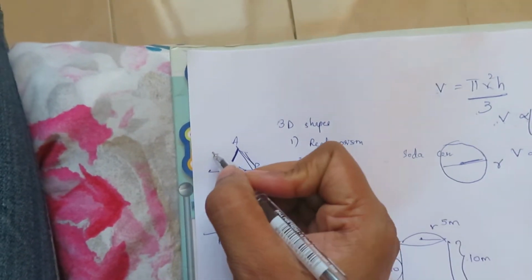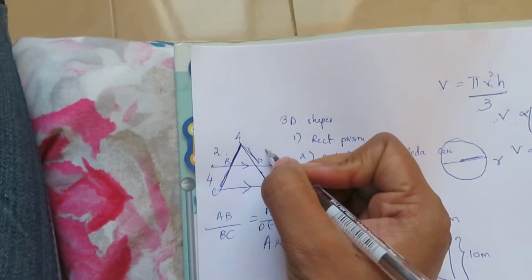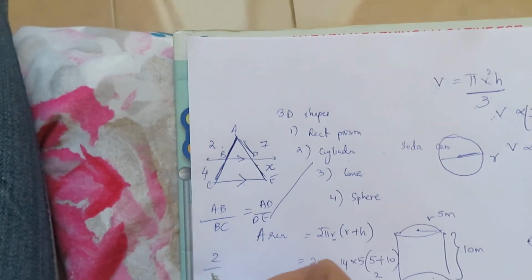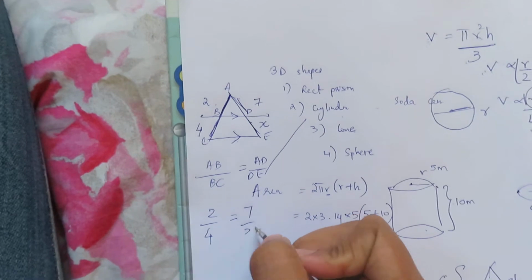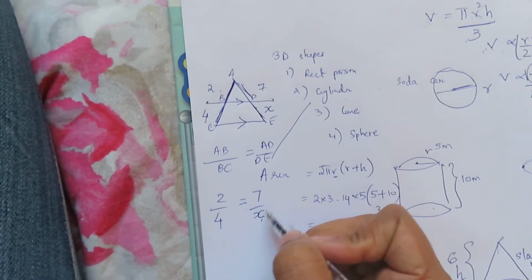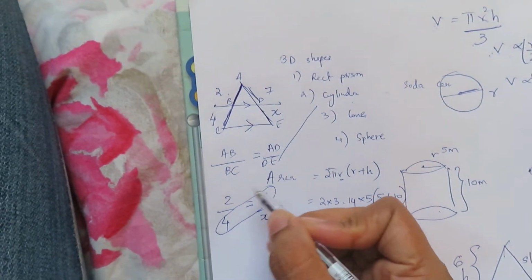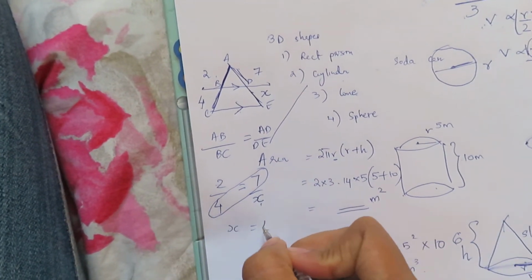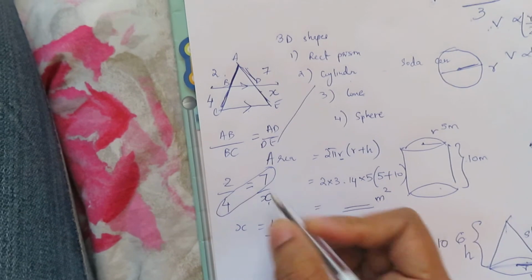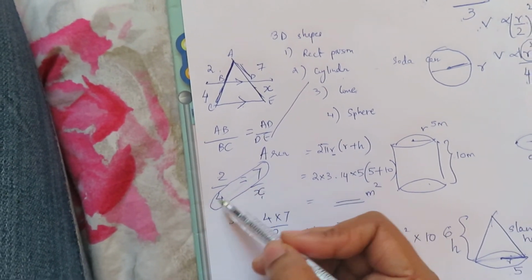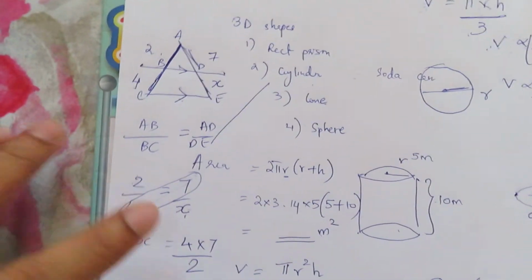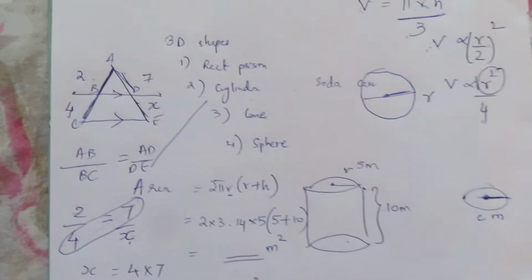Okay, so if it's given as 2 and 4, what will it be if it's x over here? So you write it like this: 2 by 4 equal to 7 by x. Now how do you find x? You multiply the numbers, divide with 2. X is equal to 4 into 7 divide by 2. That's by cross multiplication. Okay, 4 into 7 divide by 2 will give you the answer for x. That's the final answer. And this is known as the triangle proportionality theorem.